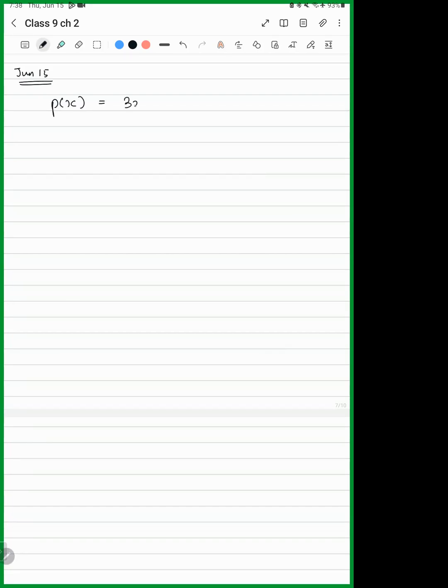3x plus 2. What will it be? Yes, ma'am. Zero of the polynomial. You have to find the zero of the polynomial. We are just revising what we did in the previous class.